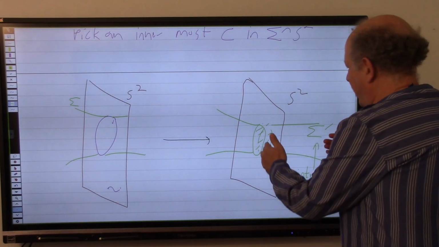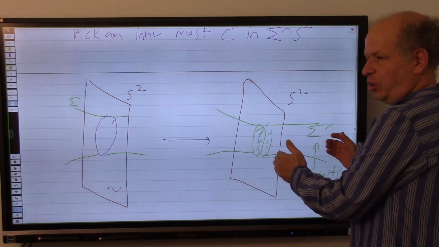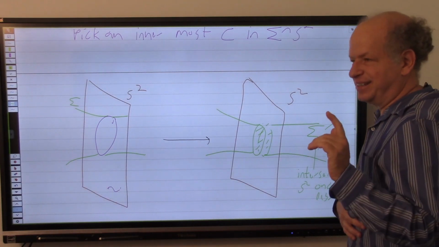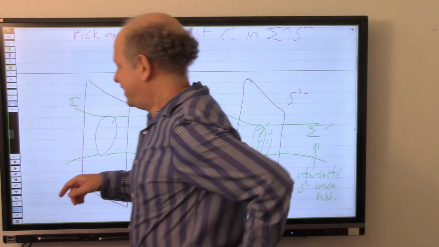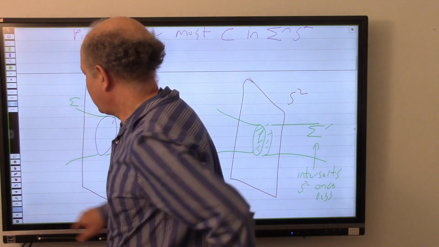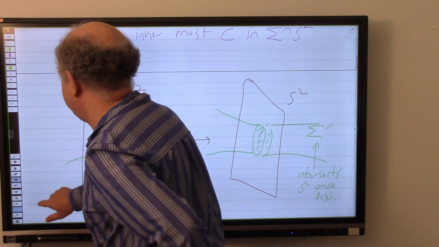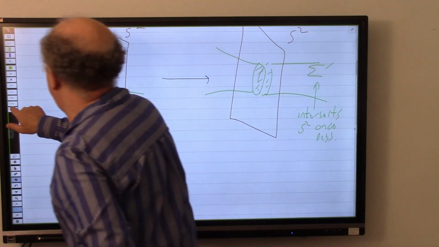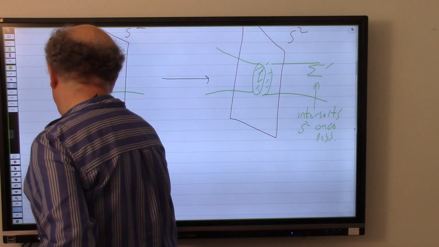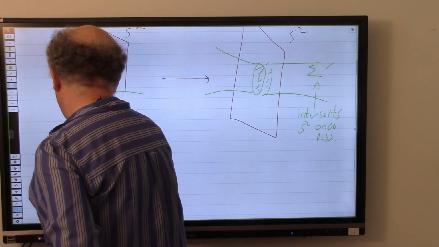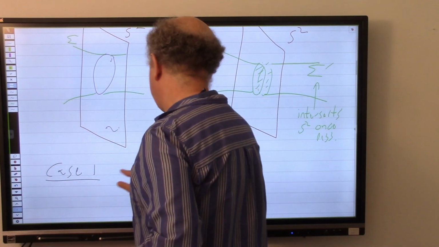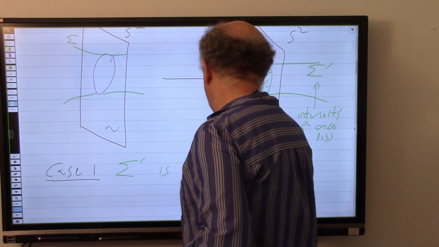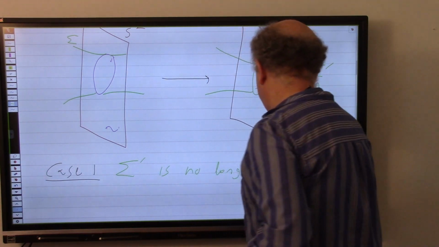Okay? Now, what can I say about the genus of sigma prime? So there are actually two cases. Okay? So case one, sigma prime is no longer connected.